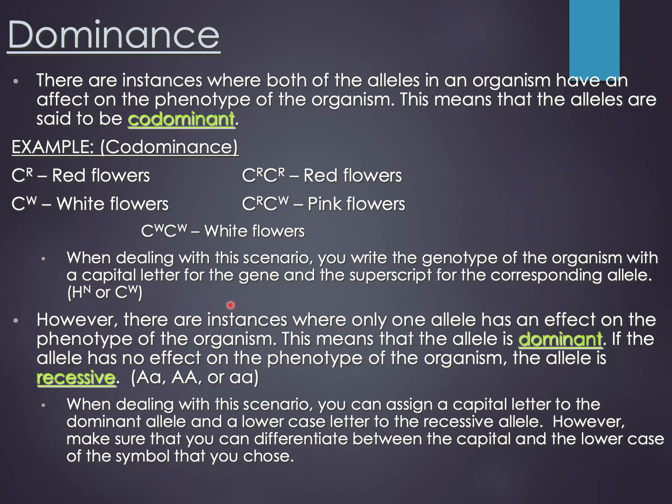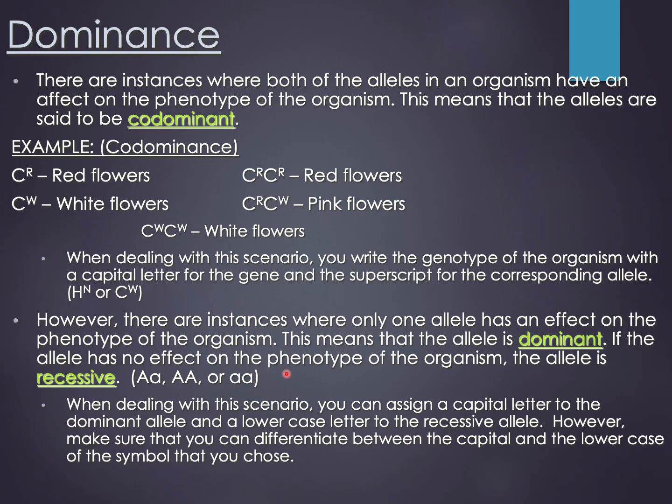There are instances where only one of the alleles has an effect on the phenotype of the organism. This means that the allele is dominant. If the allele has no effect on the phenotype of the organism, the allele is said to be recessive. So if you're not looking at codominant traits, you're just looking at the dominance, this would represent heterozygous dominant, homozygous dominant, and then homozygous recessive.